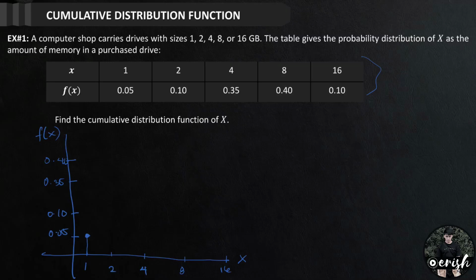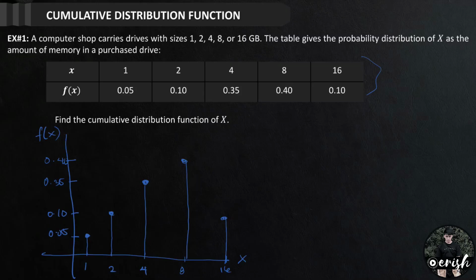Next is sa random variable value natin na 2. So, papunta doon. And sa 4 natin, we have 0.35 na probability. Sa number 8 natin, we have 0.4. Papunta doon. And for random variable value na 16, 0.10 lang siya ulit. So, this is how you do a probability mass function plot or yung line graph natin.